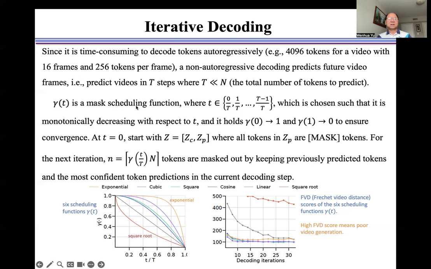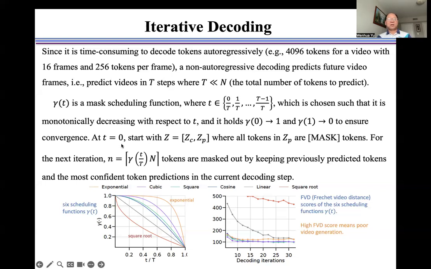Gamma t is a masking schedule function where t is sampled from here, which is chosen so that it's monotonically decreasing with respect to t, and it holds gamma 0 tends to 1 and gamma 1 tends to 0 to ensure convergence.